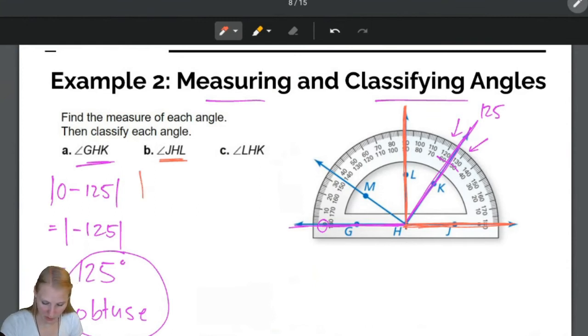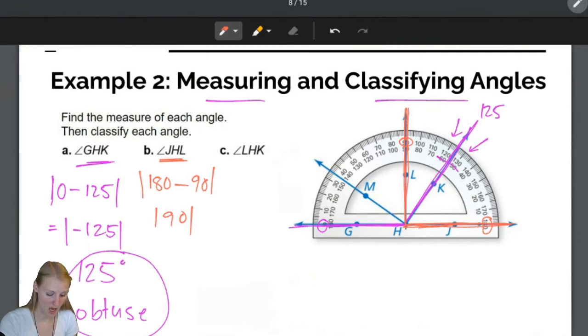We're going to take the absolute value of the top number, 180, minus the other top number, which is difficult to see, but it is 90. 180 minus 90, and now I'm going to put that line back there so we know what we're talking about. Okay, 180 minus 90 is 90.